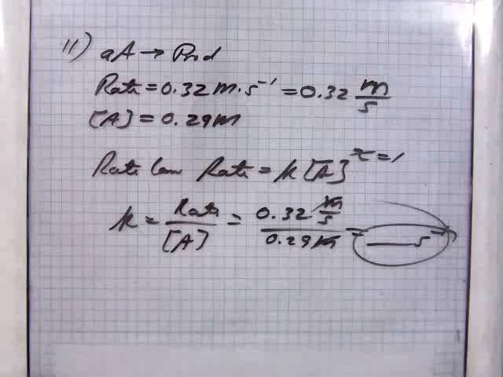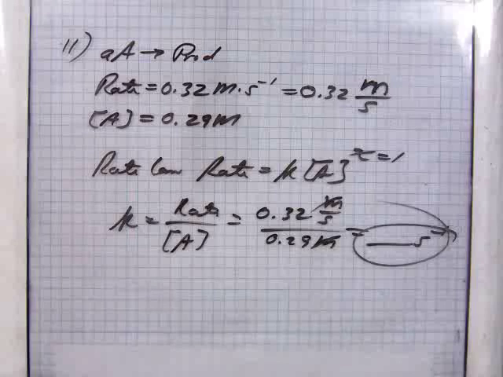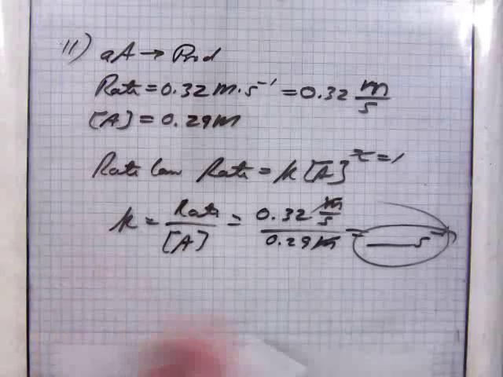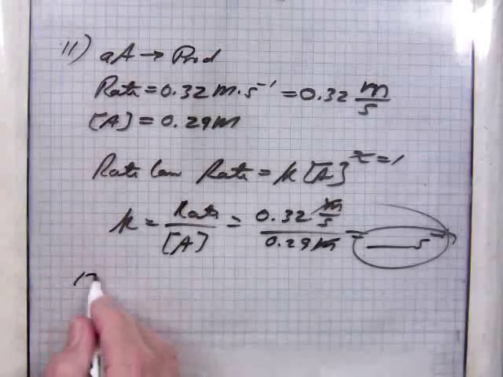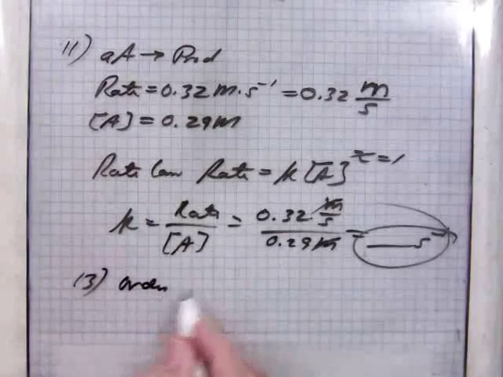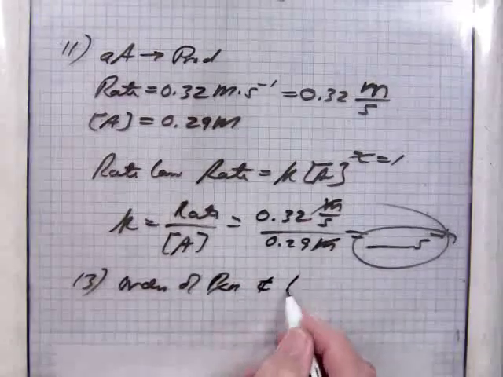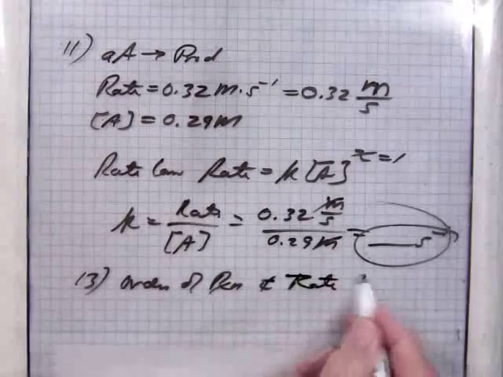Number 13, if a reaction is first order with respect to a particular reactant, when the concentration of the reactant is increased by a factor of 2, the reaction rate will do what? Now, this has to do with orders of reaction. And rate changes.